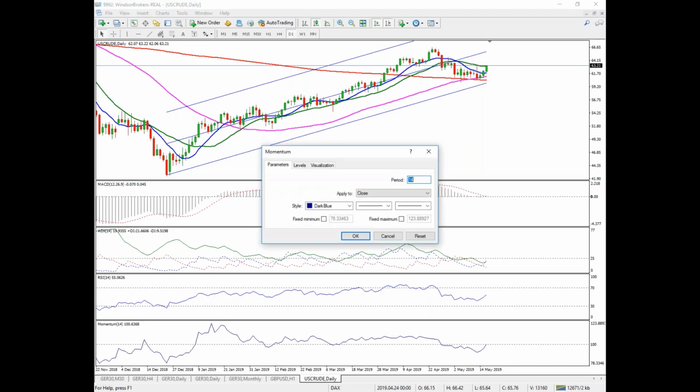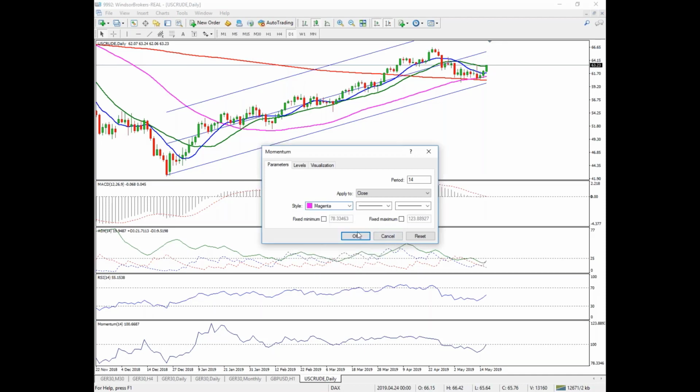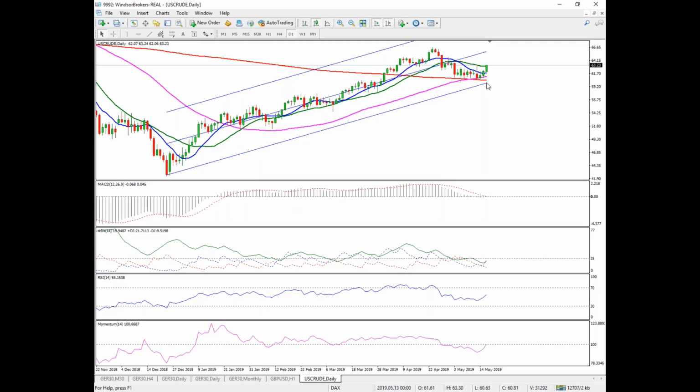And we can change the color of momentum just not to be confusing, so let's choose some more attractive color, something like this one.